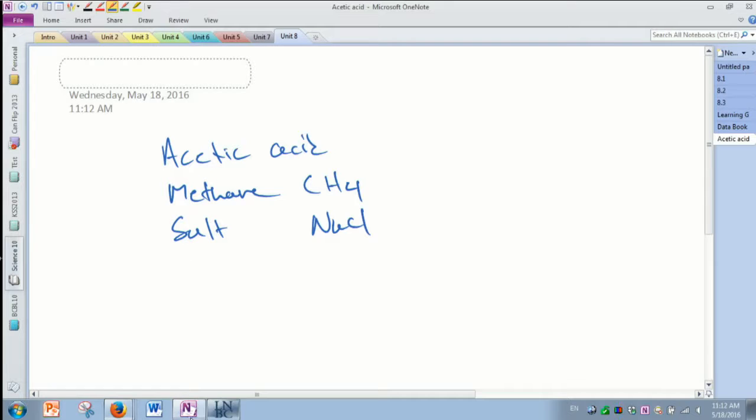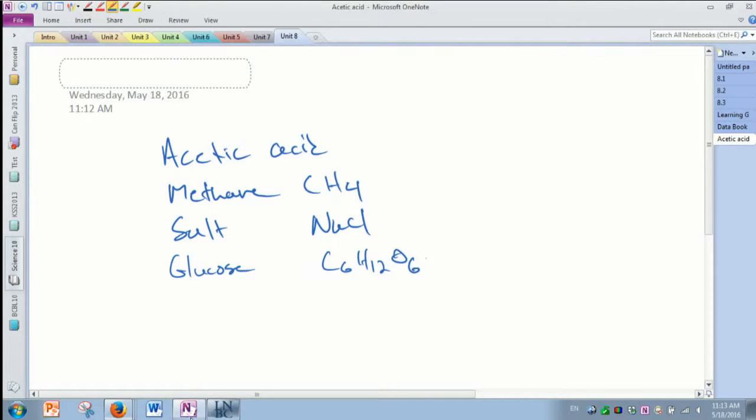Glucose. I want to say yes to glucose because it turns up in the biology unit and it turns up in the chemistry quite often. C6H12O6, I believe. Hopefully I got that right. So there's glucose, you should know that one.